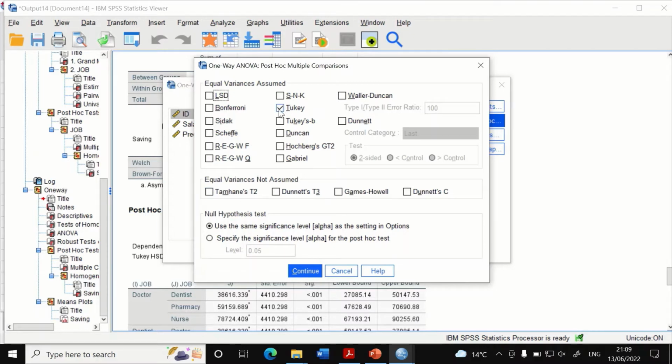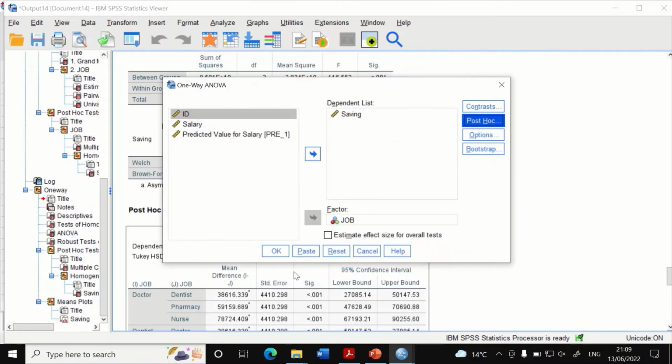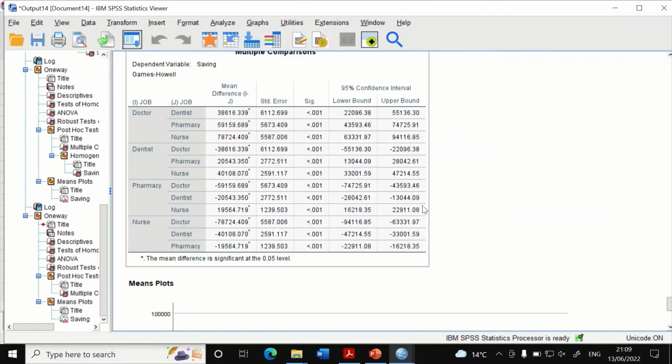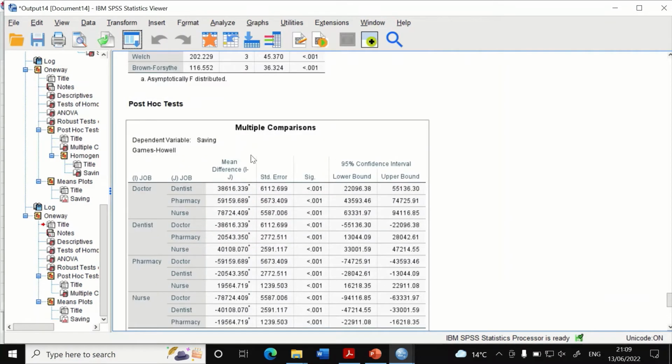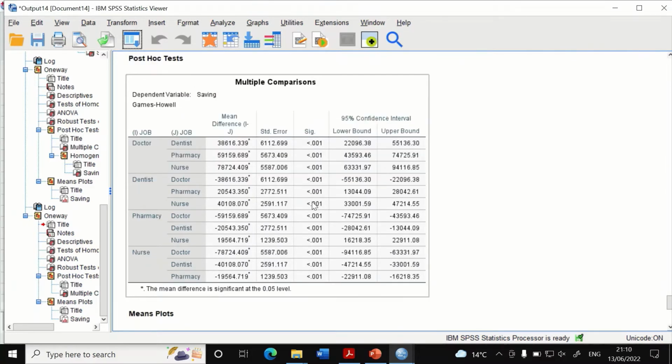Then we will untick this and tick the Games-Howell for unequal variances and click on continue. And as we can see here, the Games-Howell is generated and shows that there is a significant difference between all possible combinations of professions.